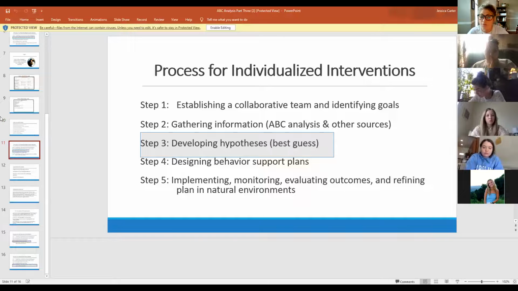And through that interview with family, we would develop, and our data, right? We're going to develop our hypotheses, which is part of what you're doing in your ABC analysis assignment, is looking at what do we think, what's our best educated guess around why is this behavior happening? What's the function of the behavior?